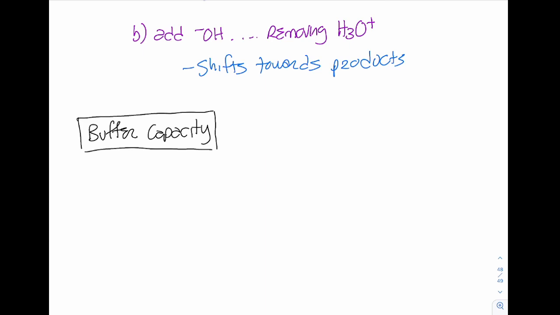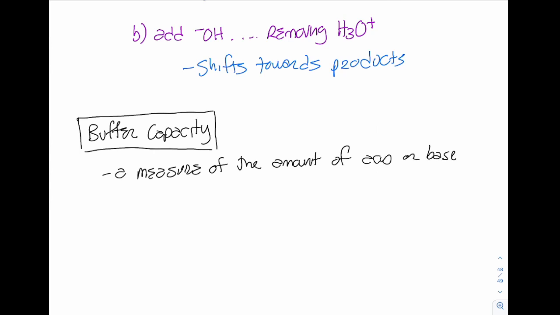So this is a measure of the amount of acid or base that can be added to a buffer, or that the buffer can absorb. And we really should say neutralize.